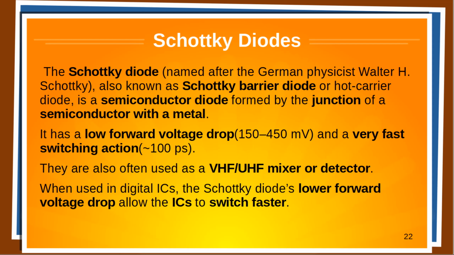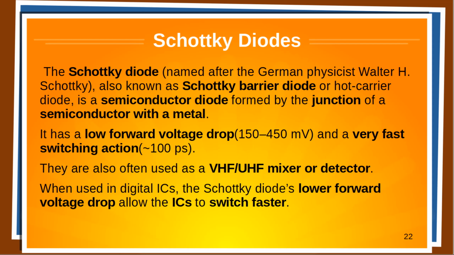So in a lot of cases it's lower than germanium. They're very fast switching because they're low capacitance also. And because of the low voltage drop, it's faster to get across the junction. Okay, build up enough energy to cross it.